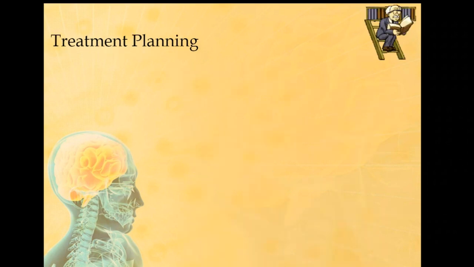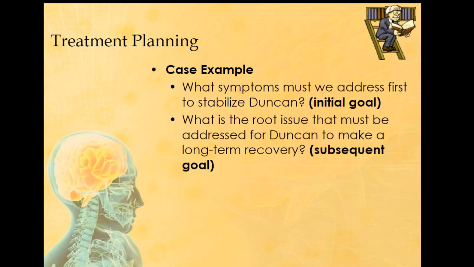When we're thinking about our case example of Duncan, we should ask ourselves, what symptoms must we address to first stabilize Duncan? That's our initial goal. And of course, Duncan was diagnosed with PTSD, and we're aiming to address some of his dissociative symptoms. We could also look at maybe avoidance or the numbing if he's having difficulty engaging with others.